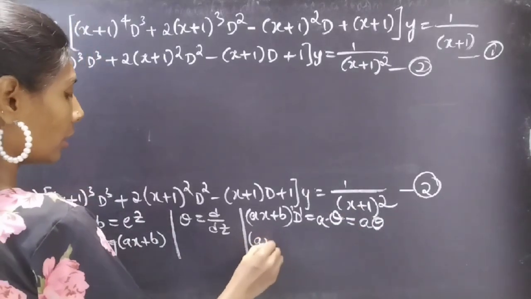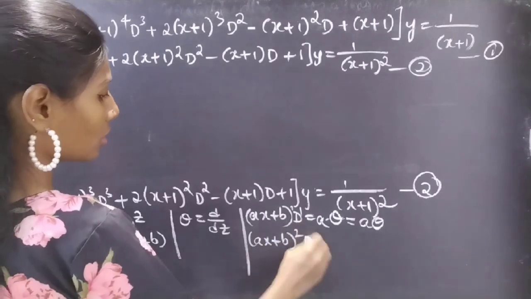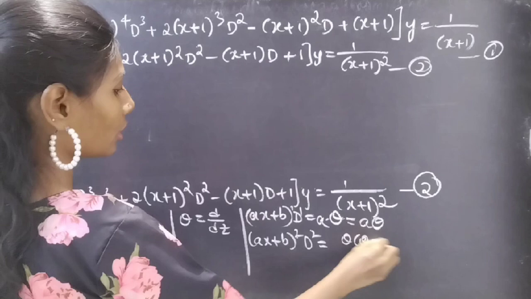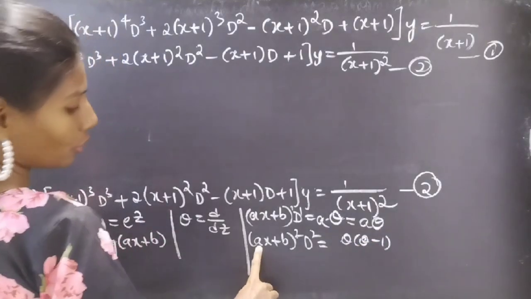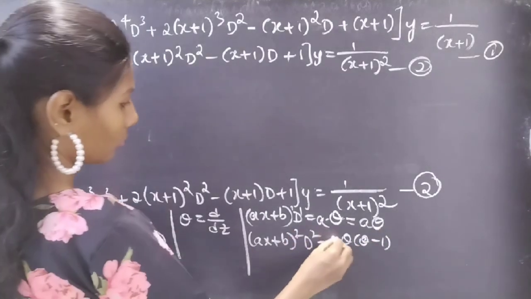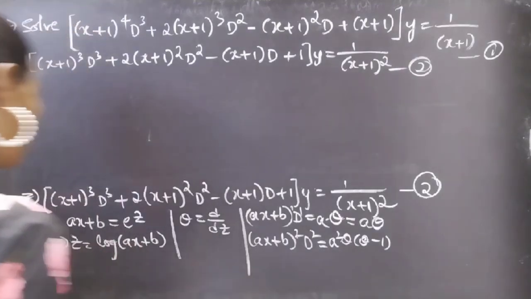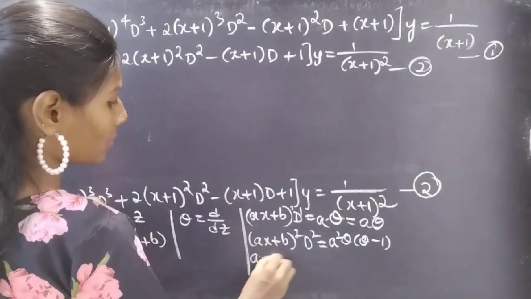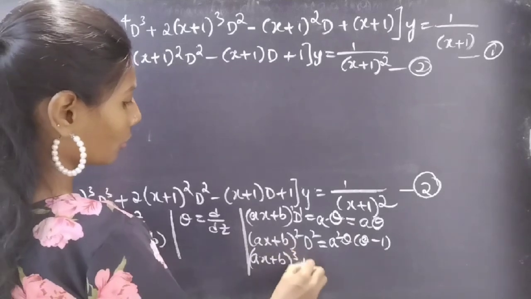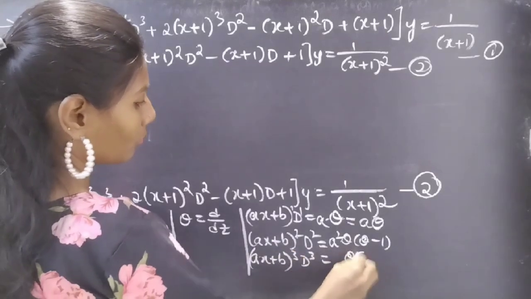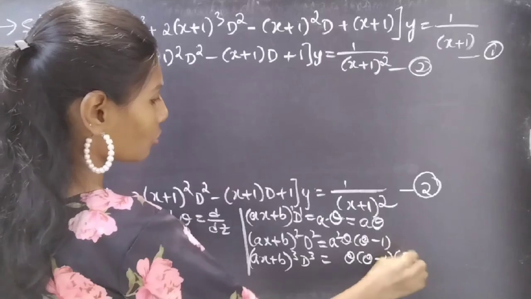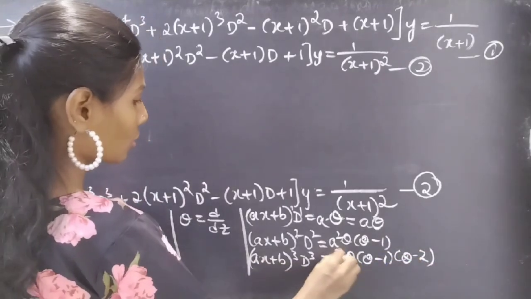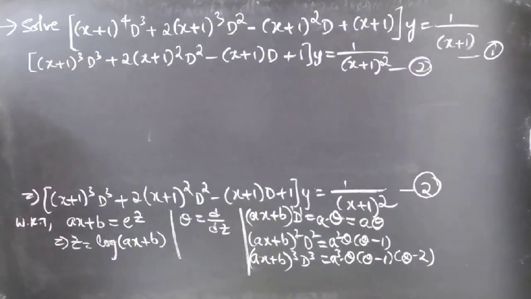And (ax+b)^2 D^2 can be replaced by, since you have squares, two terms of theta into a^2. Likewise, when you have the cube, (ax+b)^3 D^3, you'll have three terms of theta into a^3, the coefficient of x cubed.